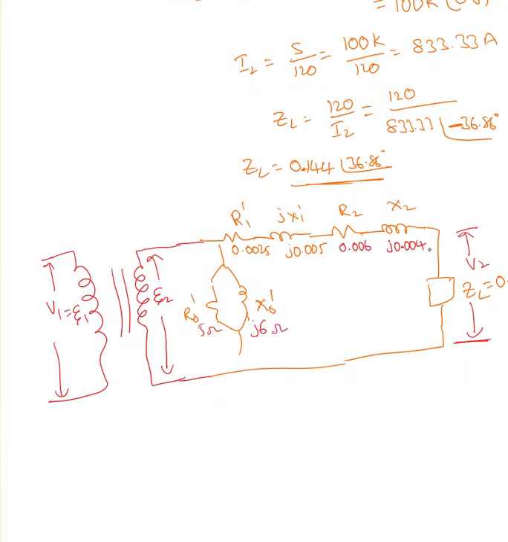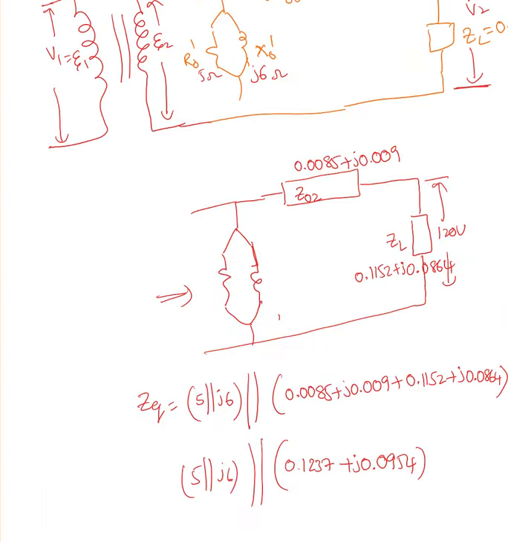Okay, now I can add these two together. So we call that as total impedance on the secondary. We call that as Z02, which is nothing but 0.0025 plus 0.006. So the Z equivalent, which is Z02, is equivalent impedance of the transformer looking from the secondary side.